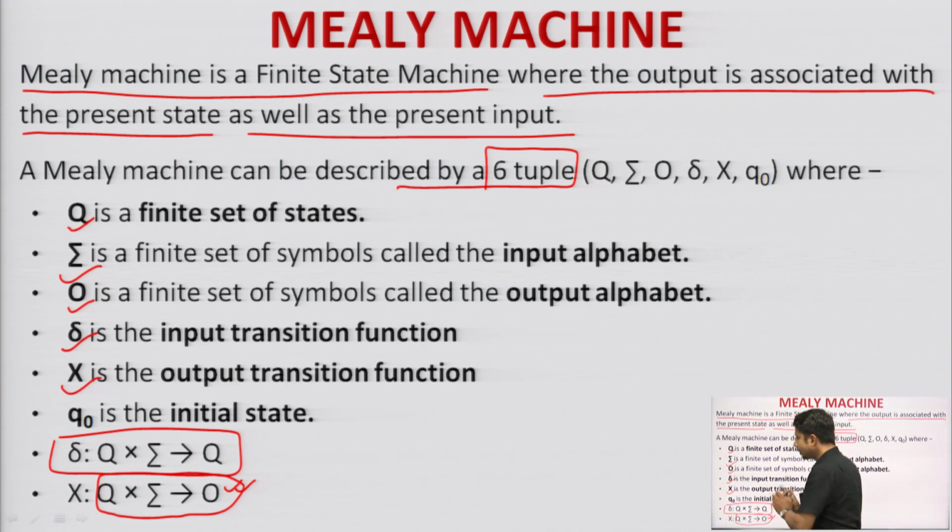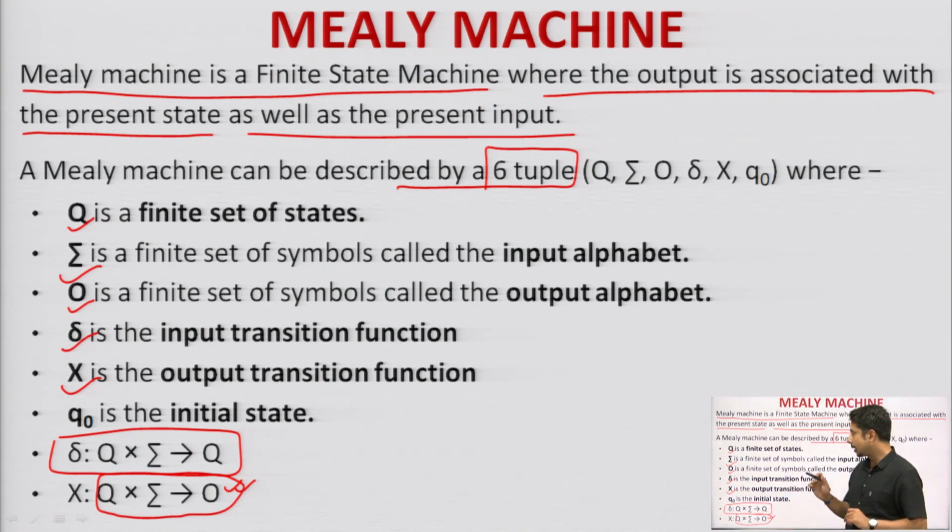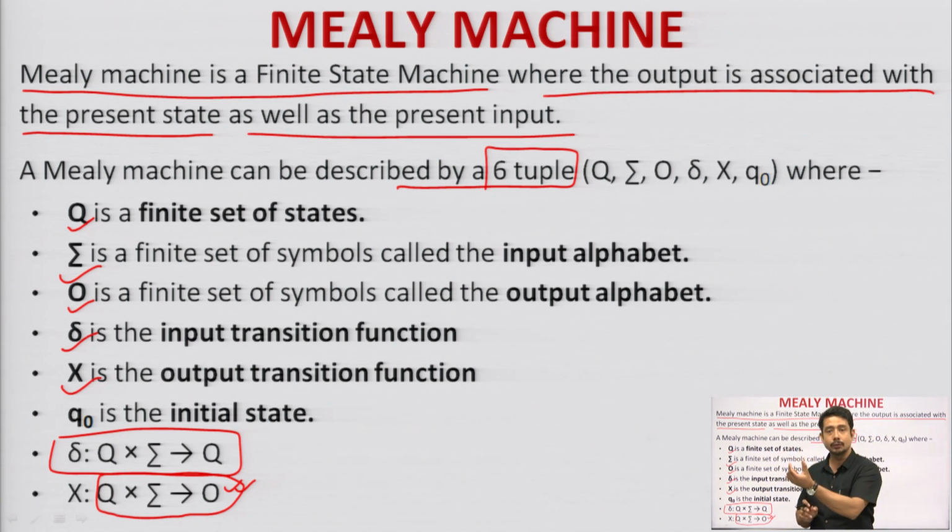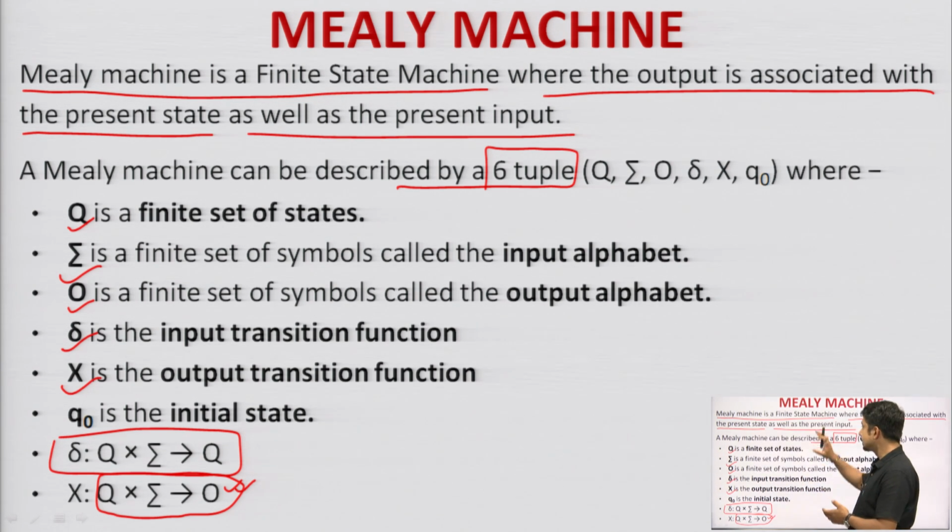I have told you that the input transition function for Moore and Mealy are exactly the same, only the difference lies in the output transition function. In the case of Moore machine, the output alphabet is associated with the states, and in the Mealy machine, the output is associated with the present state as well as the input transition. So, this is all about the Mealy machine formal description.